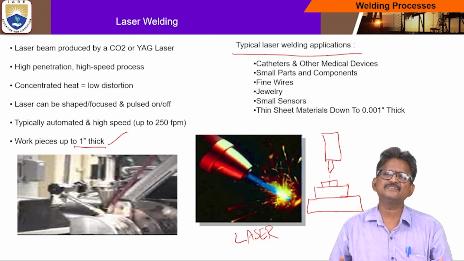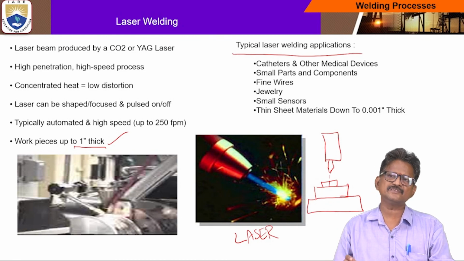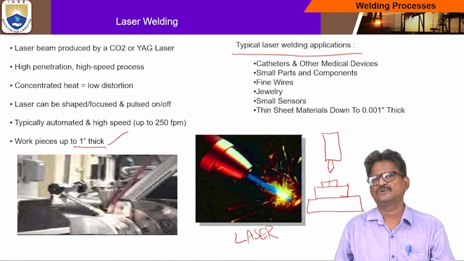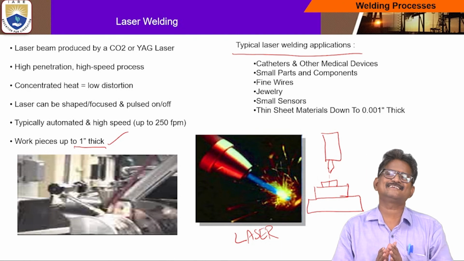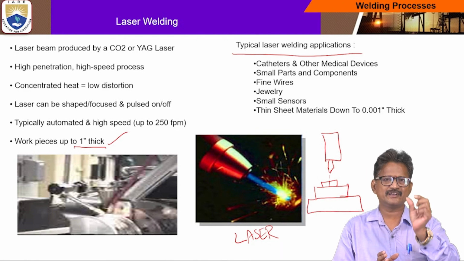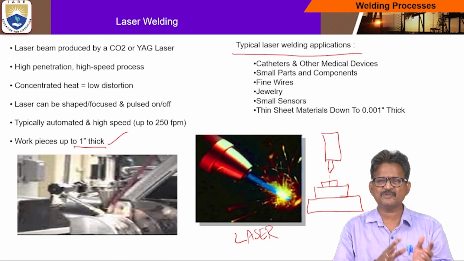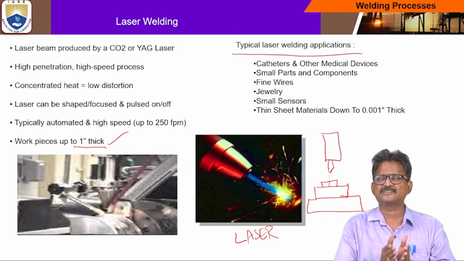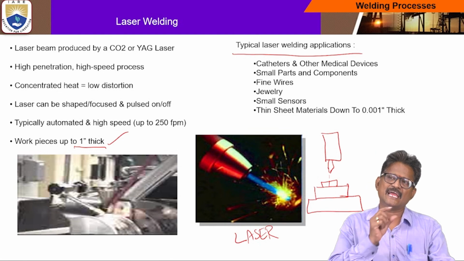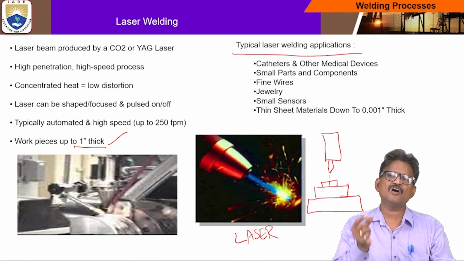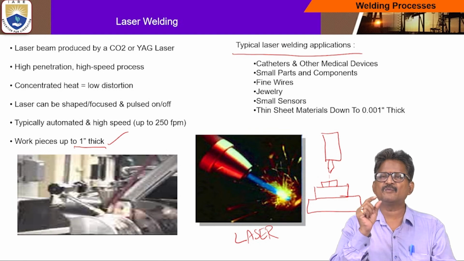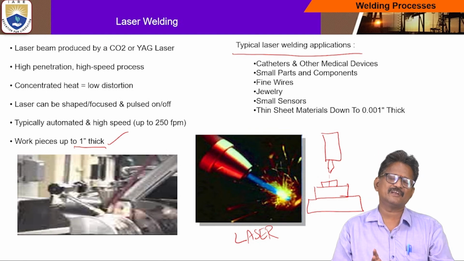This is the second part of the welding process, and I hope you understand clearly the important highlighted points, the diagrammatic representation of this type of welding, the advantages and limitations, and the major applications for the respective welding process.